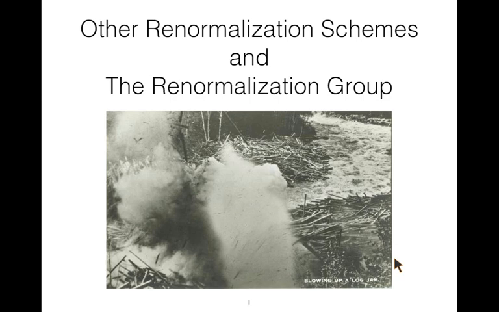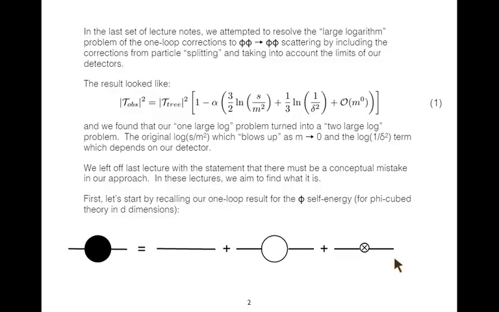Windows. All right. So last time, what did we do? I don't remember if we started on these lectures last time, but we've been doing some investigation of renormalization. So we had computed our scattering process at next to leading order.